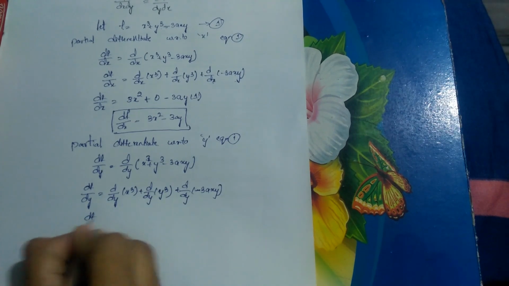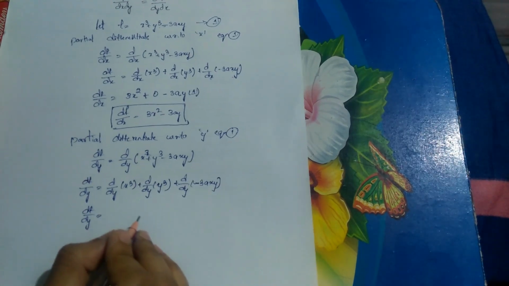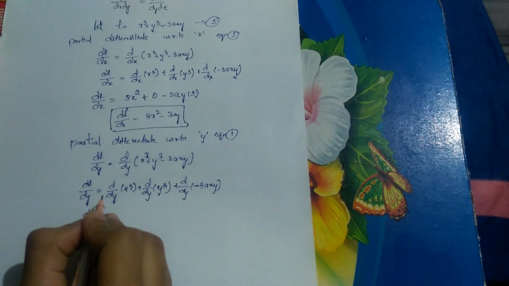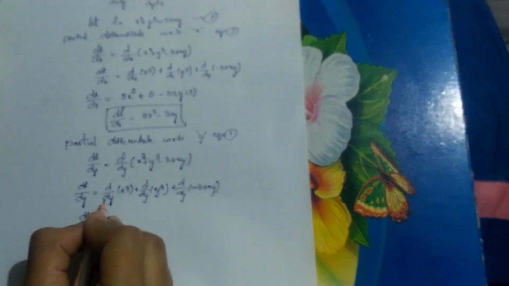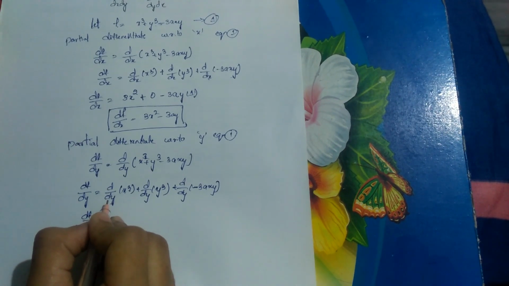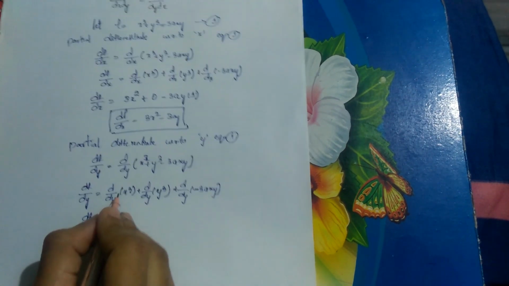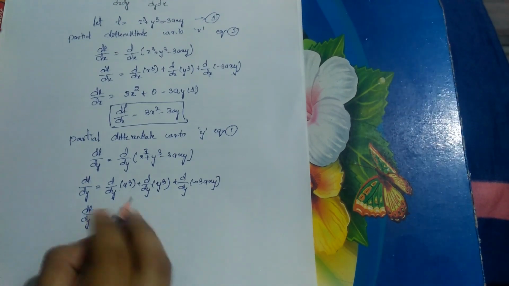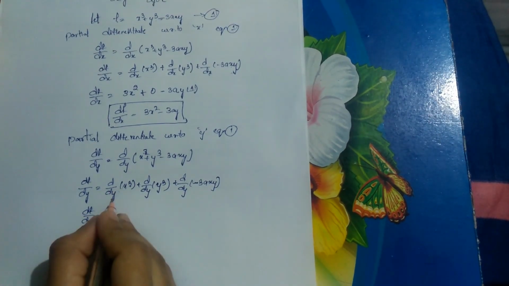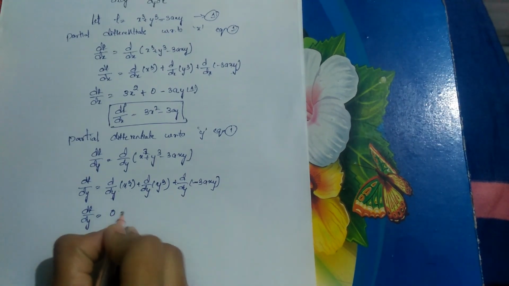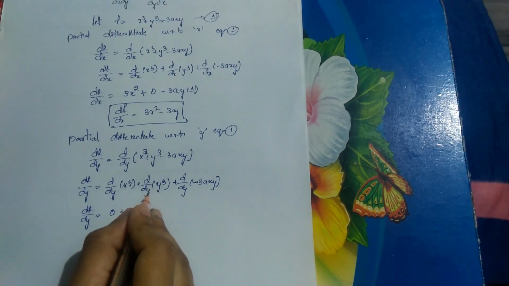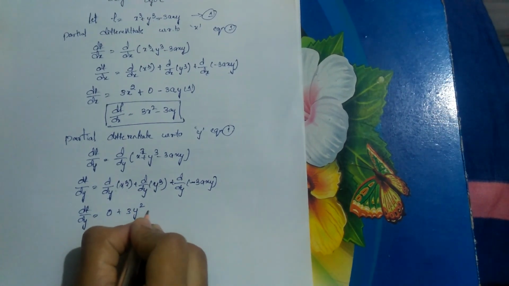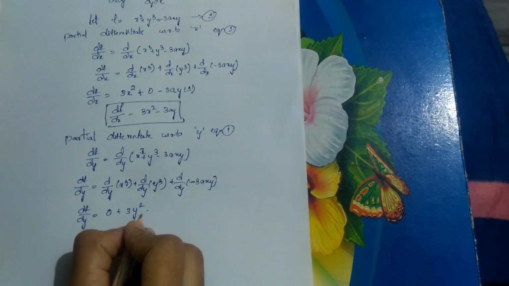Then the dou f by dou y is equals to, now here differentiation of x cube with respect to y gives 0, because as there is no y variable in this term, the whole differentiation becomes 0. So the differentiation of x cube with respect to y is 0, and then differentiation of y cube with respect to y is 3 into y square, as the formula n into x power n minus 1.